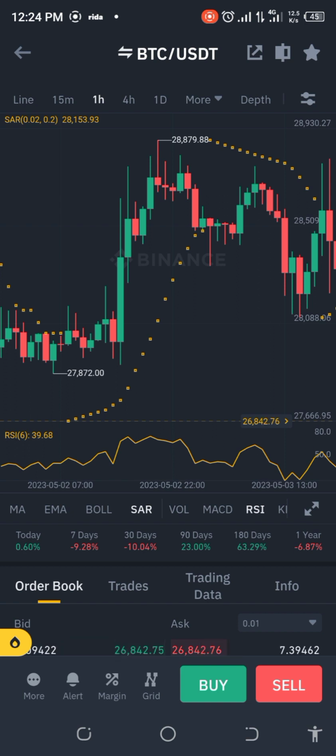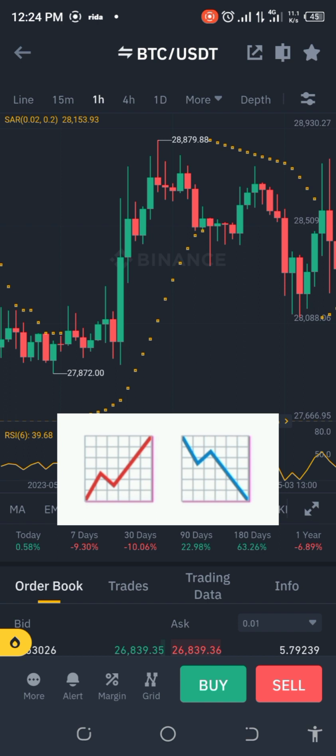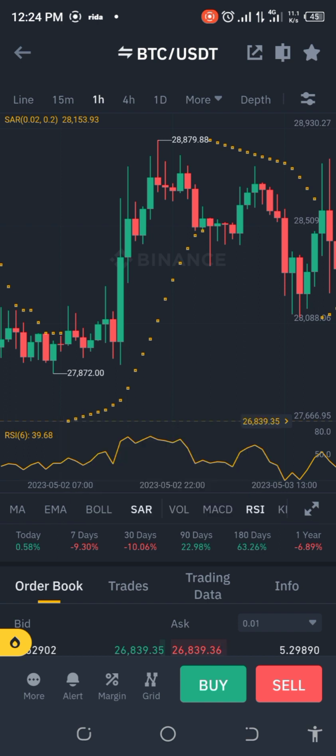So when you see the price of any of these assets, you're either seeing it rise or you're seeing it decrease. That momentum indicator helps you understand and evaluate the speed with which the price is rising or the speed with which the price is falling. Okay, so now you understand what a momentum indicator is.